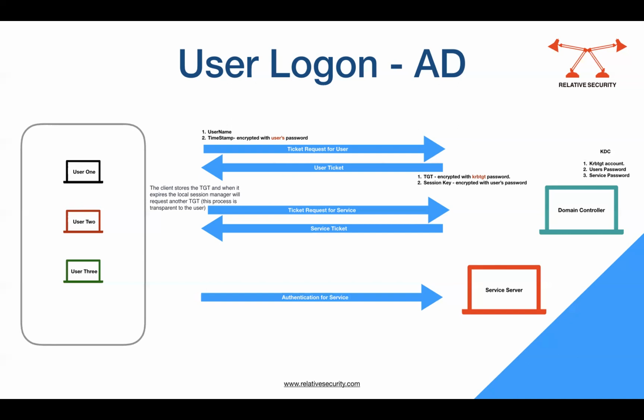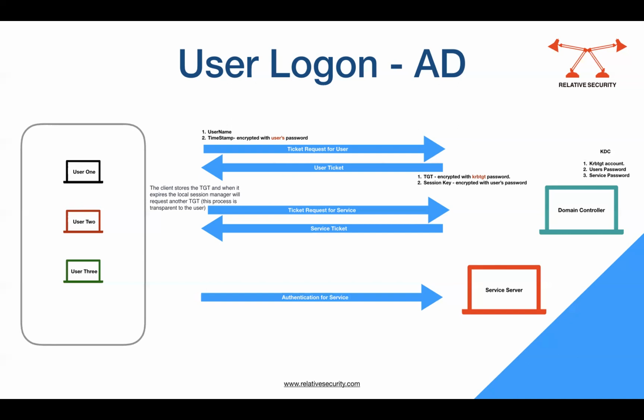What it does is it goes into the KDC, matches the identifying username, extracts the long-term key which has been present in the KDC since this user was created, and tries to decrypt that timestamp using that long-term key.